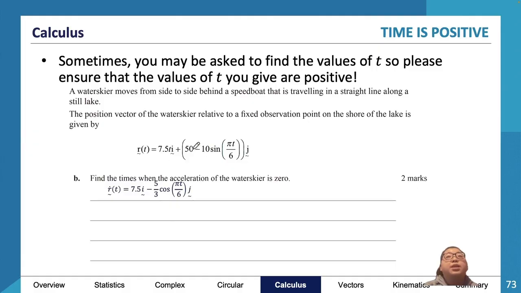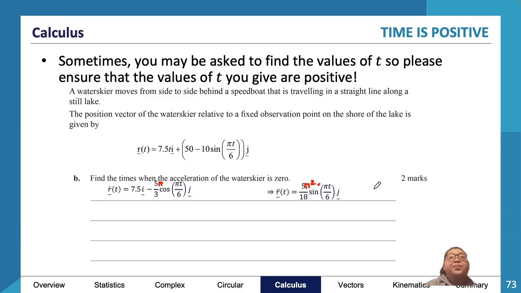So the t disappears and the constant will just disappear as well. And we'll have π/6 times our 10, which is going to give us this value, so π over there. And then what we'll get is that r'(t) will equal 5/18, and this should have a π squared as well, in terms of timesing out our variable there.